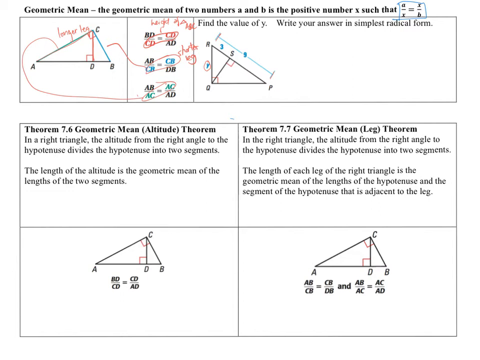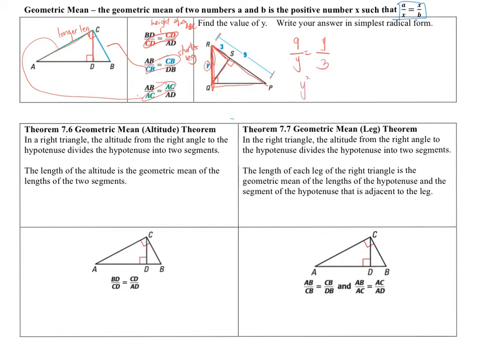So I could do 9 to y. So hypotenuse of the big triangle to the hypotenuse of the little triangle here would equal the shorter leg of the big triangle to the shorter leg of the smallest triangle, so that's 3.